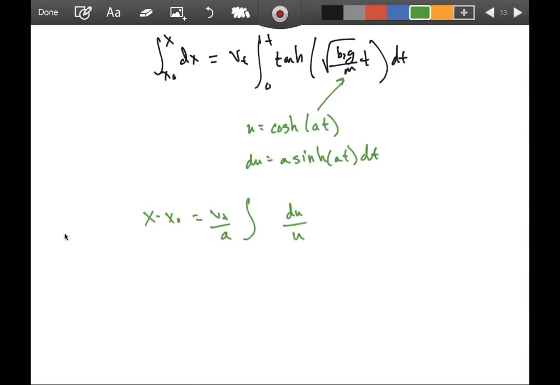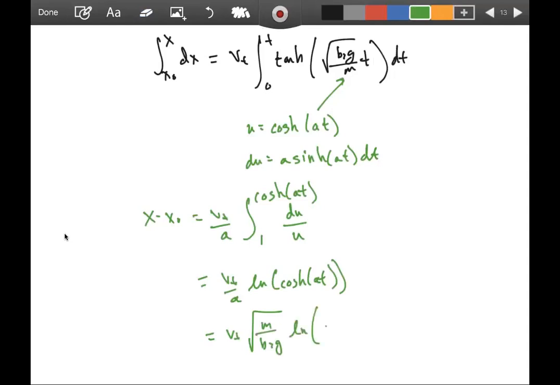Then I evaluate u at 0, but the hyperbolic cosine at 0 is simply 1, so this is the hyperbolic cosine of a times t. This becomes VT over a times the natural log of the hyperbolic cosine of a times t. Plugging in our value, this is going to be VT times the square root of m divided by b2g, times the natural log of the hyperbolic cosine of the square root of b2g over m times t.